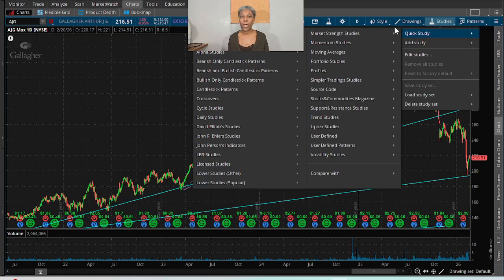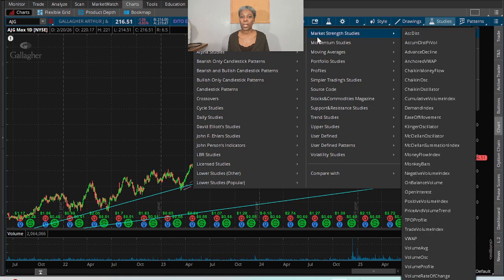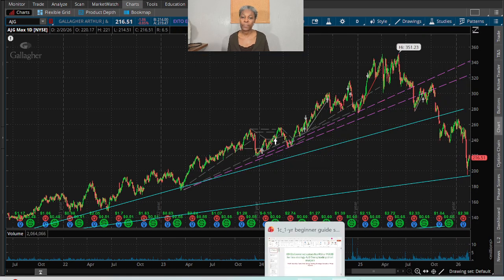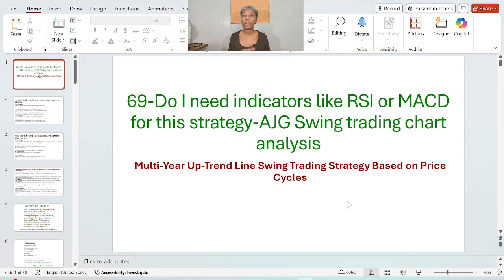They even have the patterns and all those as well. I just don't use them. But if you are familiar with any indicator that you think can work with the strategy you are using, great. For the strategy I'm using, I can swing trade without them.